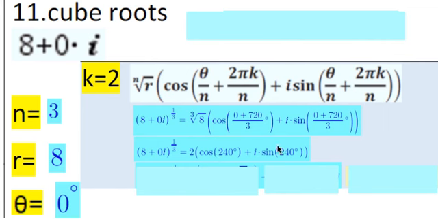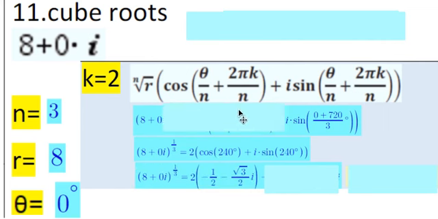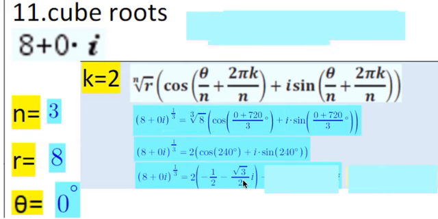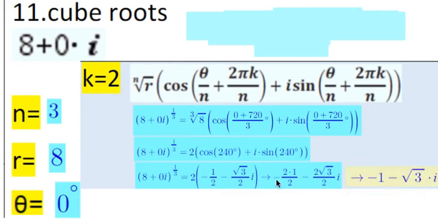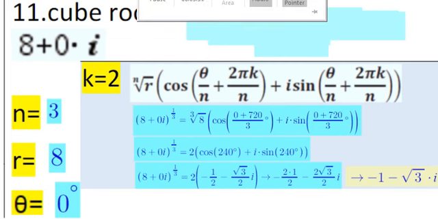Notice 240 is in the third quadrant. They're both going to be negative. So we get negative 1/2 and negative radical 3 over 2. Then we distribute our 2. The 2s cancel, which gives us negative 1 minus radical 3i. And those are the 3 cube roots of the point 8 plus 0i.